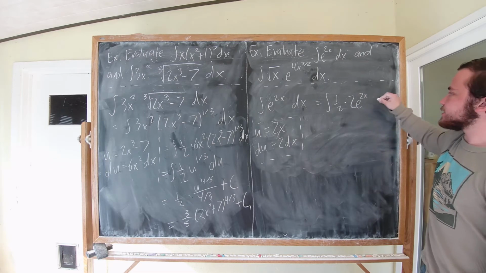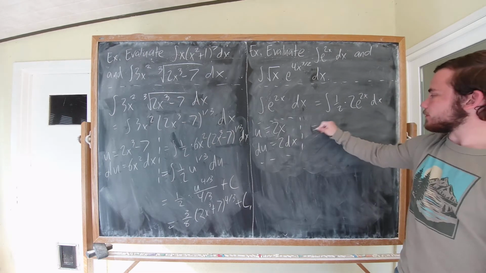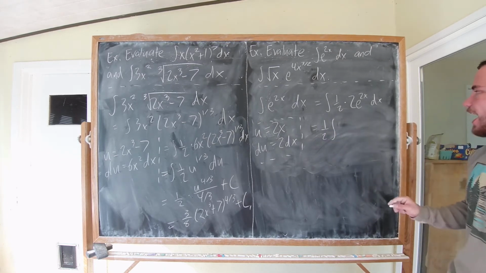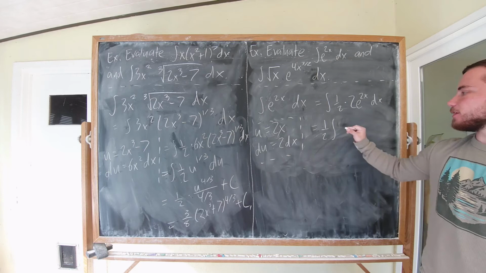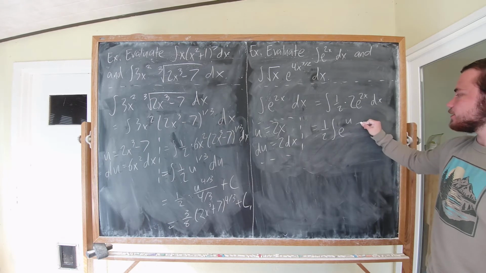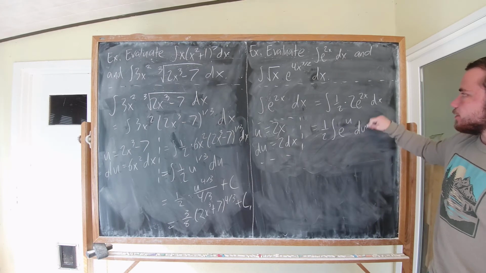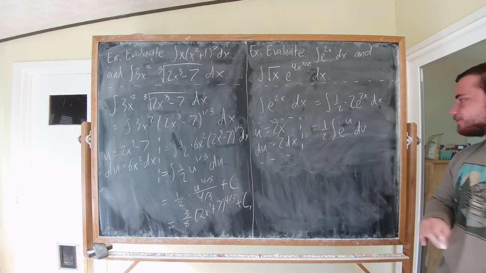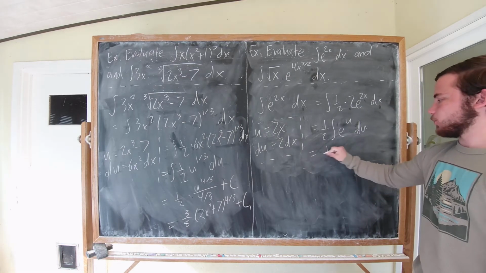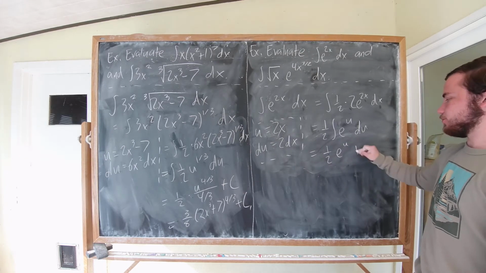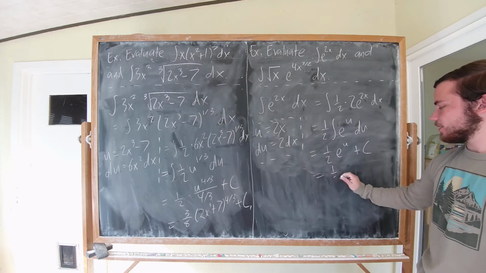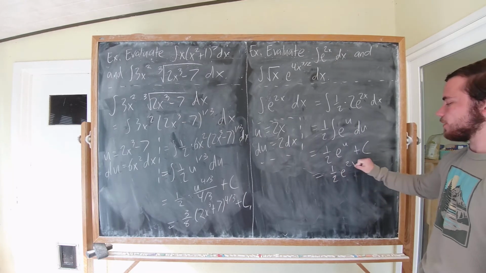Times 2e to the 2x dx, which is just pulling out that 1/2. That's 1/2 times the integral of e to the u du. That's our u, those two parts are our du. That's 1/2 e to the u plus c, but e to the u is just e to the 2x.